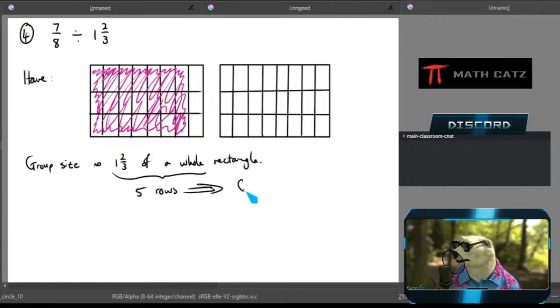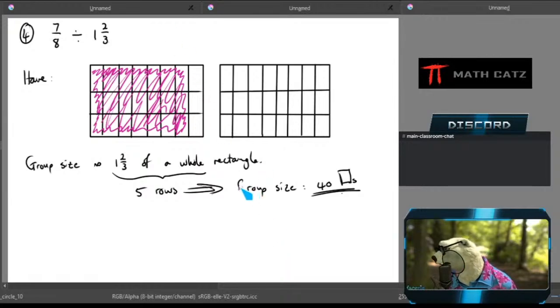So we have a group size of 40 pieces. 40. That doesn't seem right, but it is. It is correct, and it's because that second number is so big.